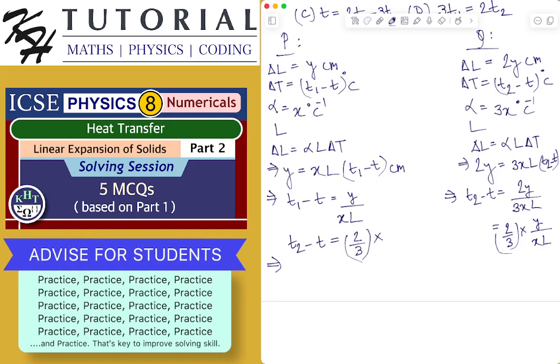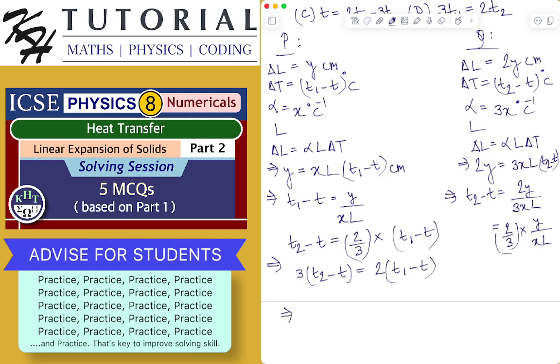Y by xL we know is equal to T1 minus T. So if we get this equation from here, this is a linear equation in T, and we can easily find out what T will be. So doing cross multiplication, we have 3 times (T2 minus T) is equal to 2 times (T1 minus T).